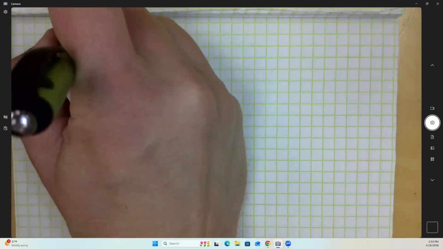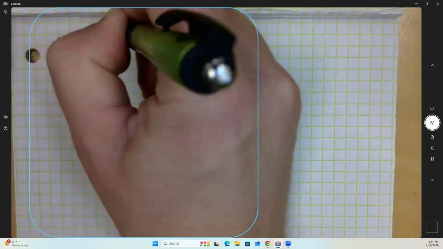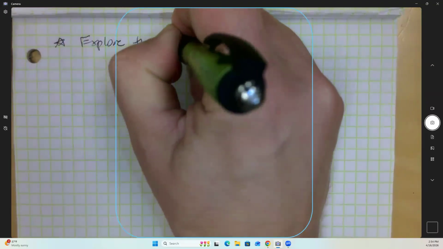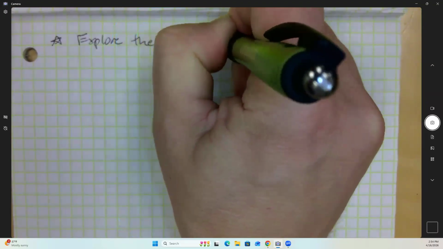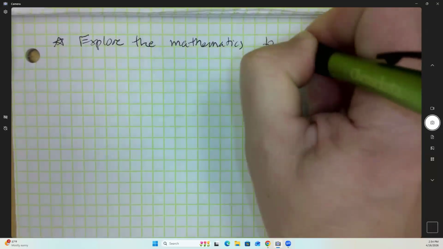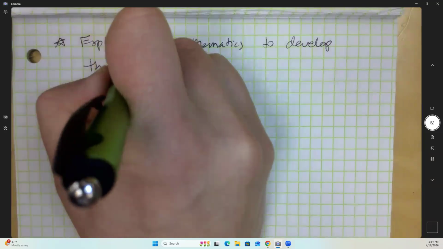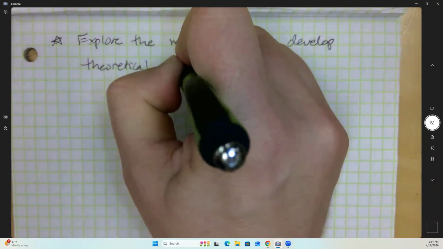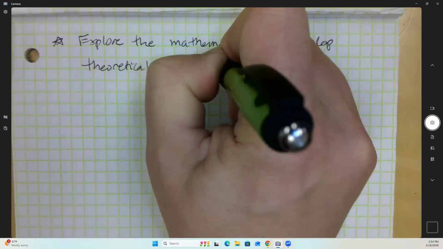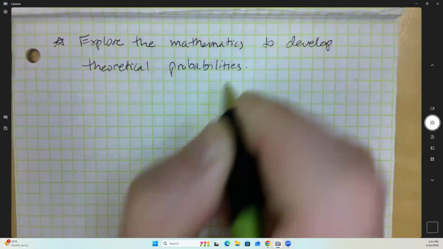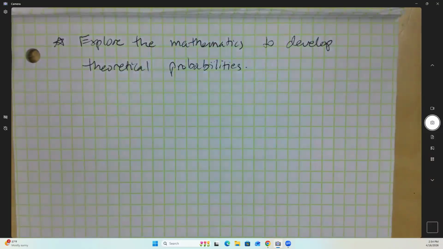The third way is to explore the mathematics to develop theoretical probabilities. Almost every probability distribution can be modeled with mathematics.